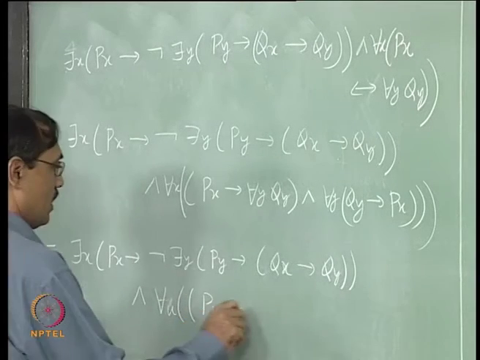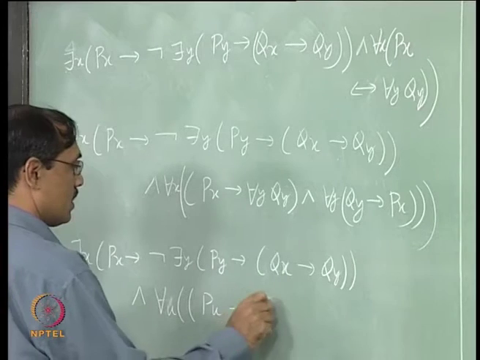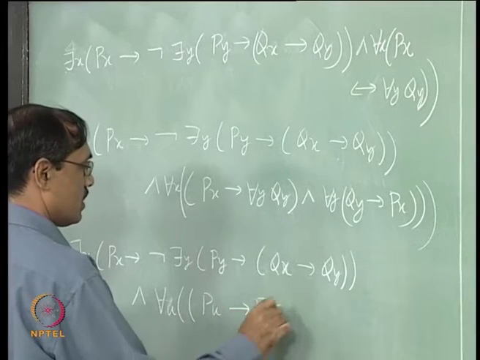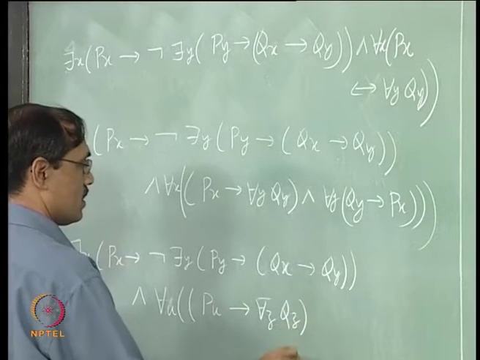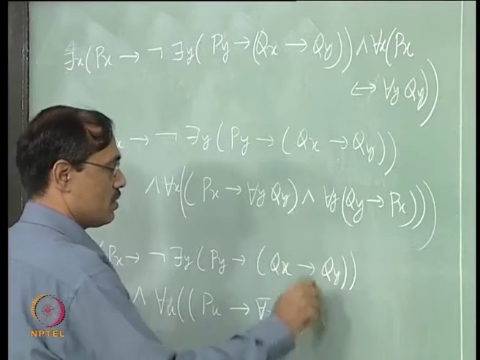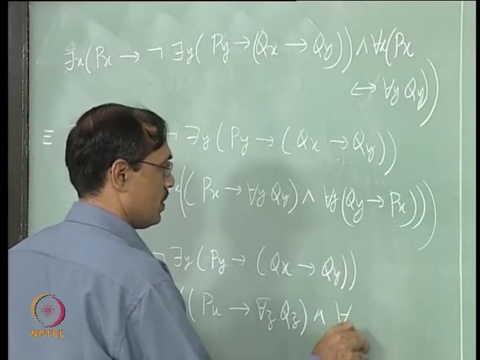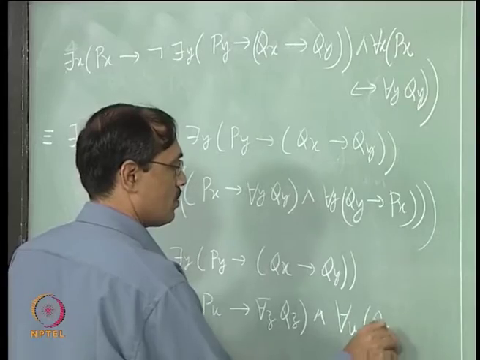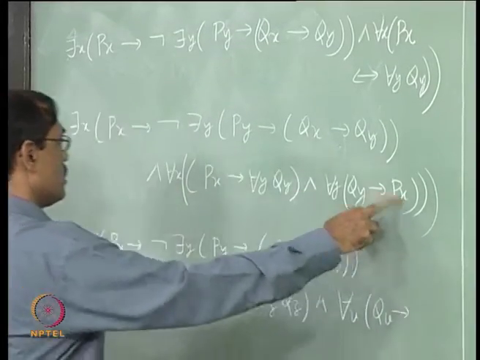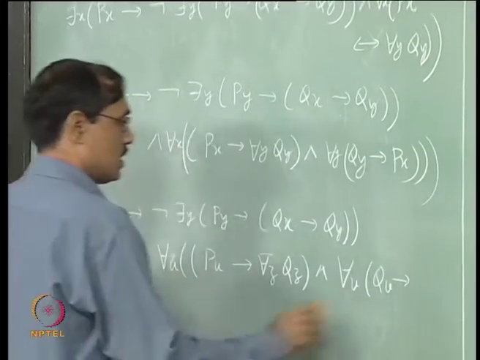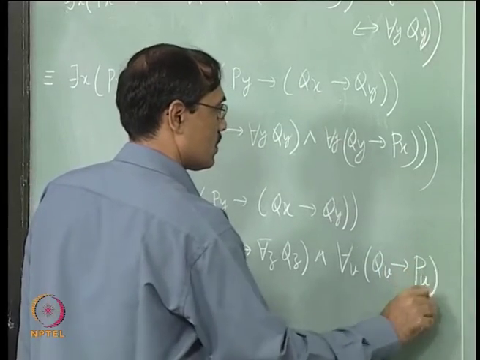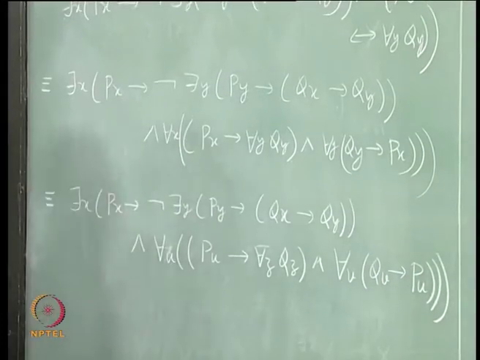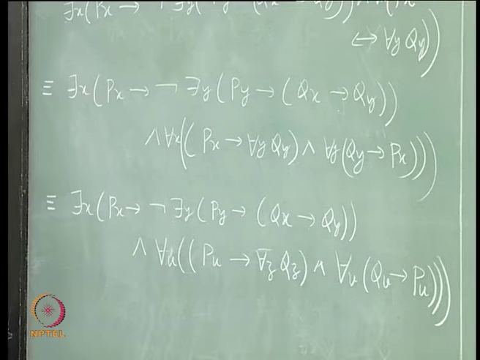And this y is to be renamed, let us write for each z q z, this y also is to be renamed. So for each v q v implies this x within this scope, so that is u. Is that okay?